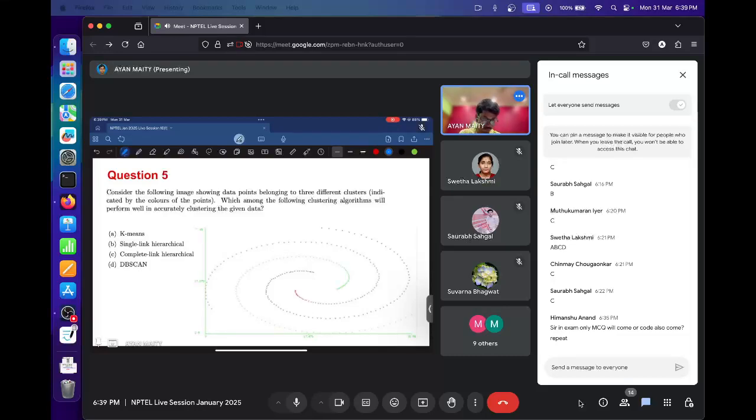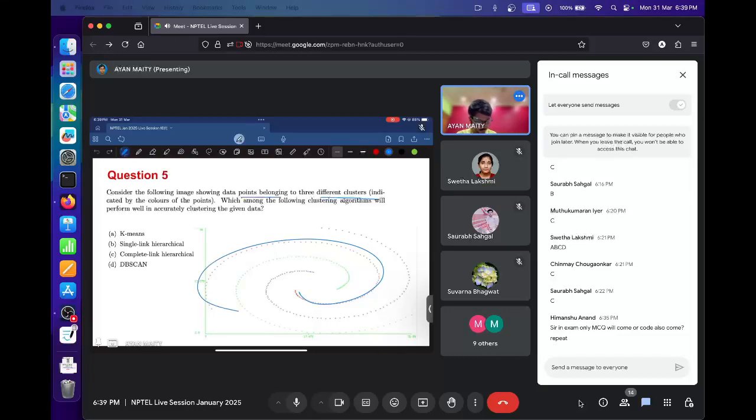Now question 5. I hope this figure is visible on the screen. Consider the following image showing data points belonging to three different clusters. If the colors are not visible, this is one cluster, this is another cluster, and this is another cluster. The clusters are shaped as spirals. This is one cluster, this is another, and this one is the third.